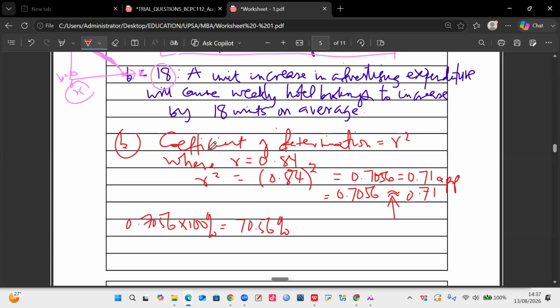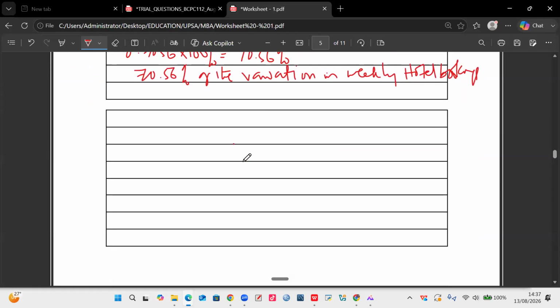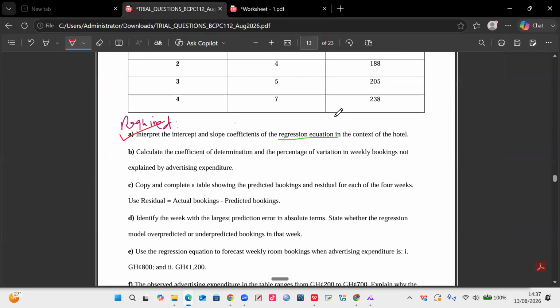So we'll say 70.56% of the variation in Y, which is the weekly hotel bookings, is explained by the advertising expenditure.